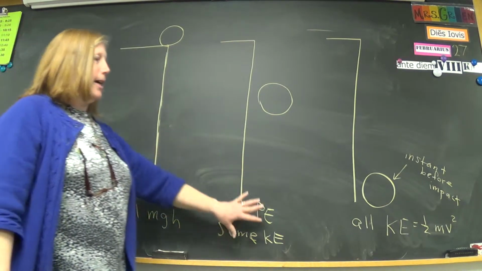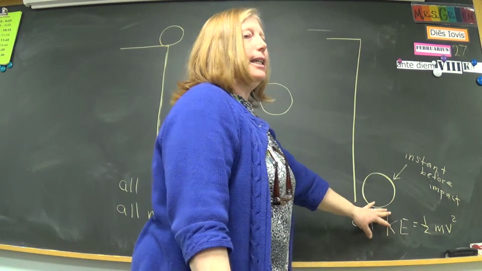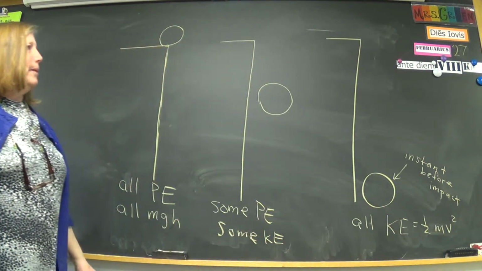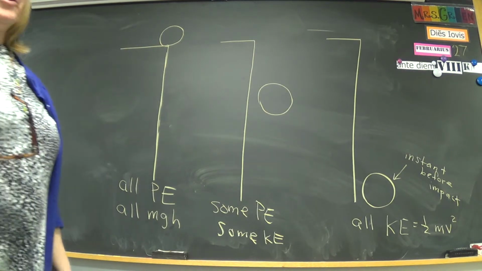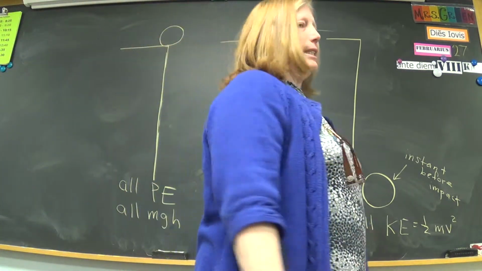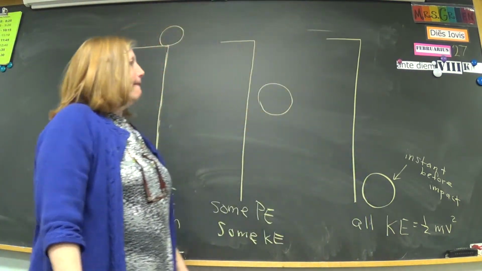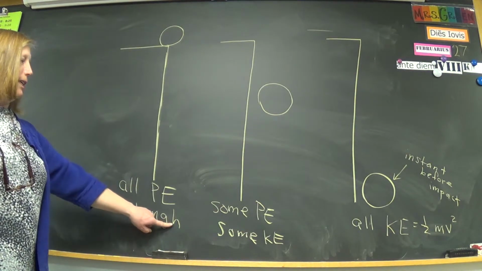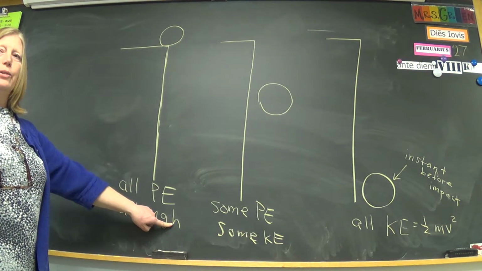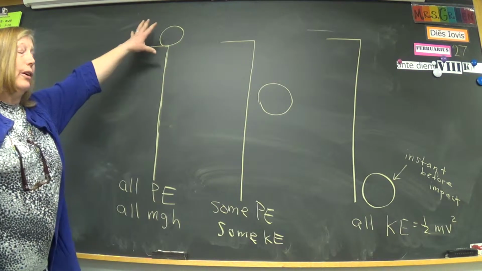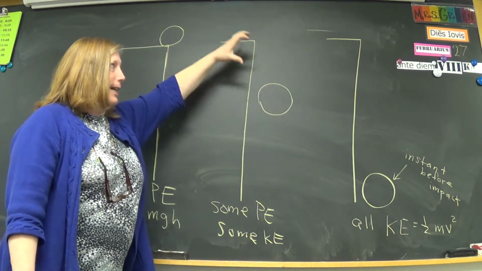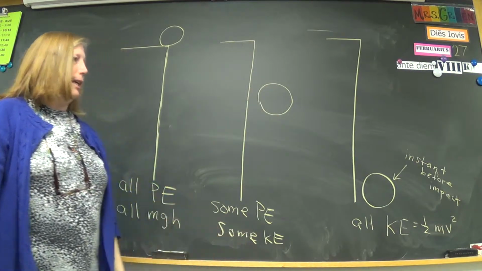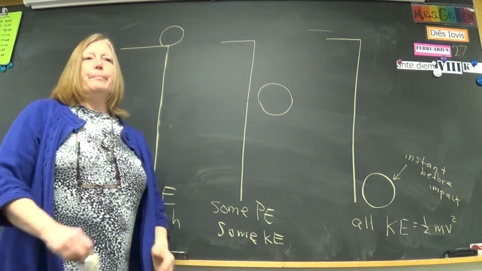All PE, some PE, all KE, some KE. Make sure you get that down. It's going to be important that you understand that. It's really height that gives these things any potential at all. Here it has all potential. Here it has some height, some potential, but it has motion, so there's some kinetic. All right, you got that?